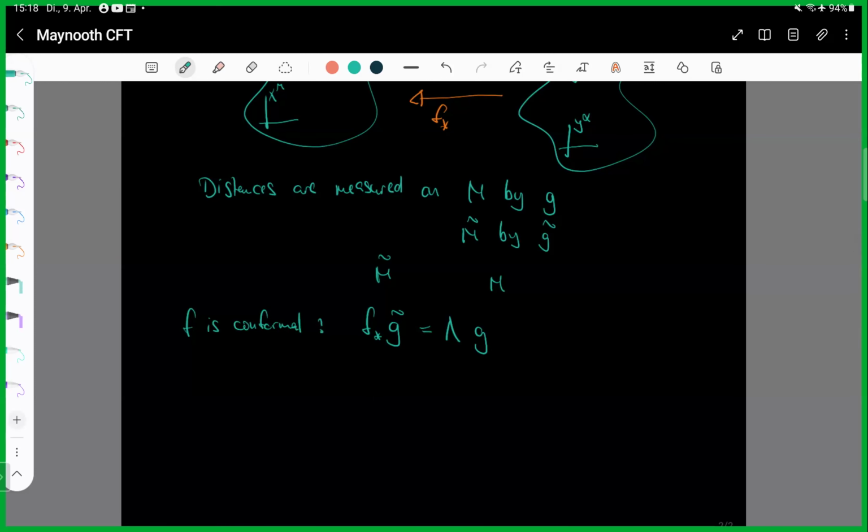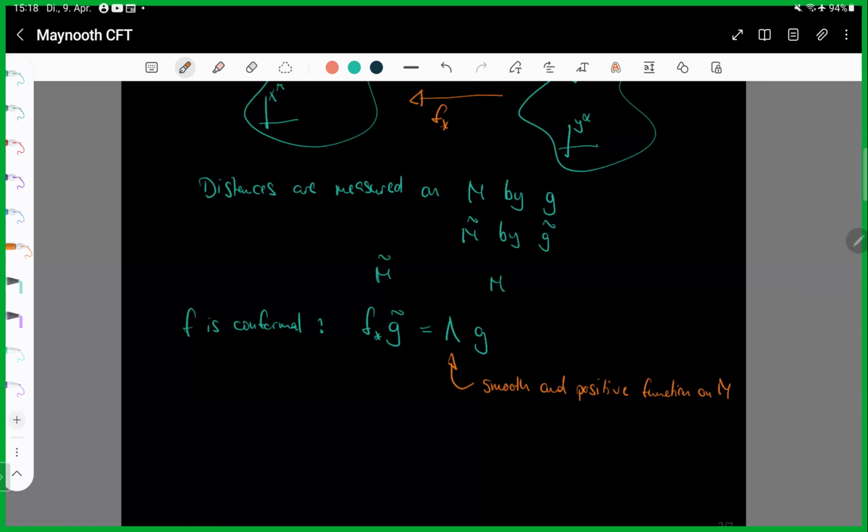That means, like I said, the distances are basically only being rescaled by a positive smooth function. So let's make that clear. Lambda is a smooth function, that means you can take derivatives at will, smooth and positive, on M.